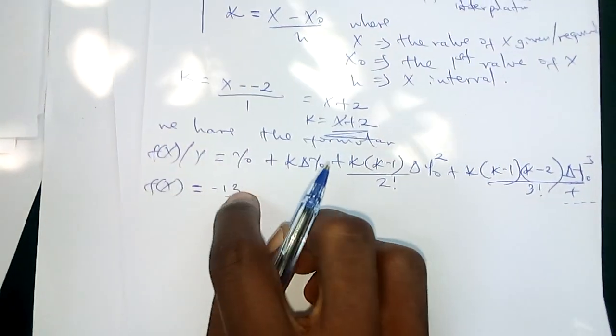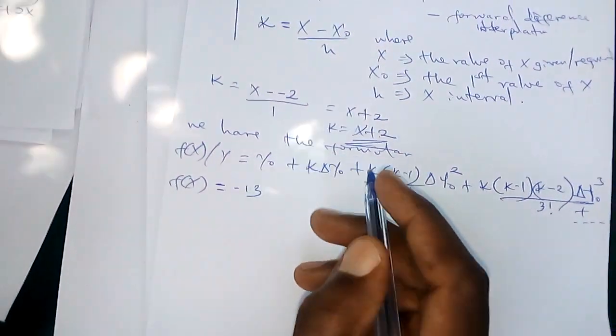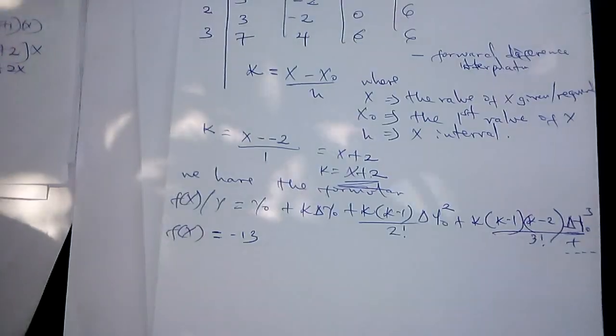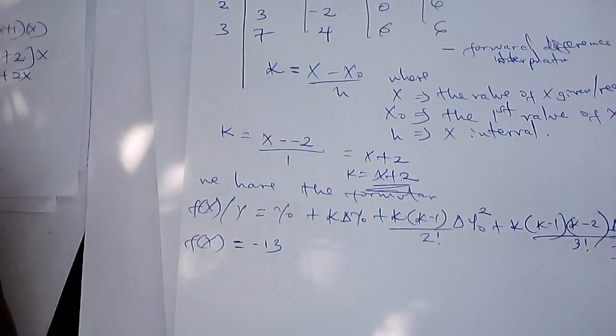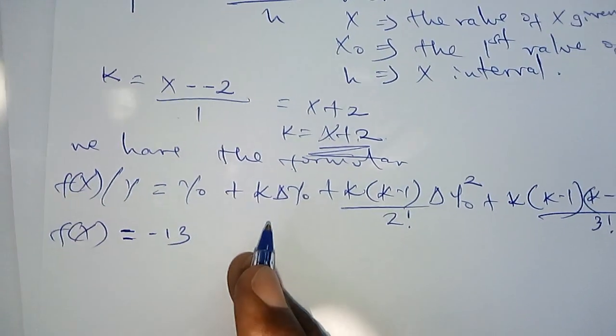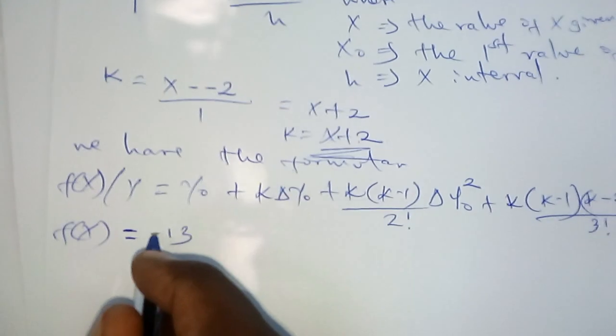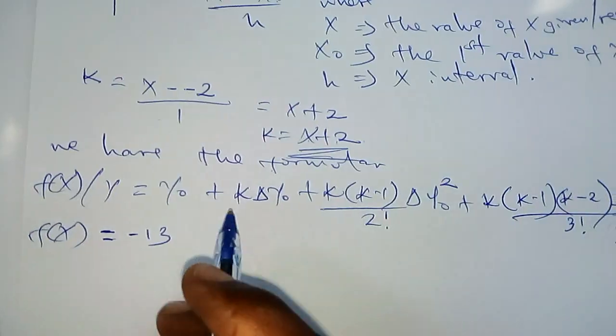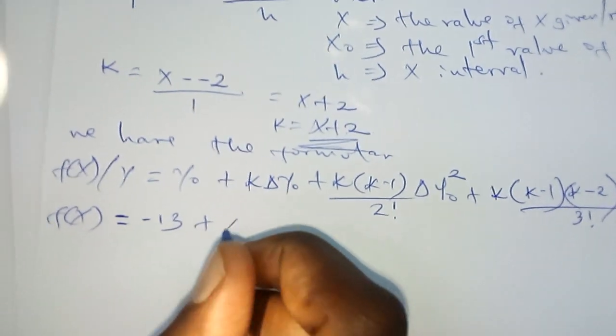We substitute here, and k is x plus 1. The k we have is x plus 2, which is this one, plus x plus 2.